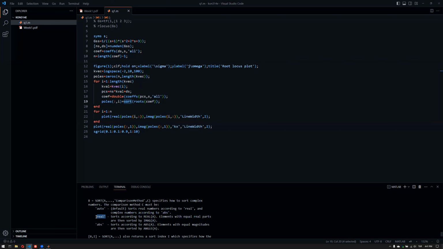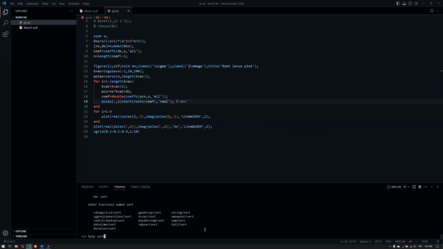If this doesn't work, we can just try ABS here. So we should say sort this one with the real values, or if this doesn't work, we will use ABS here. So we need to sort them to associate the right one with the right path.